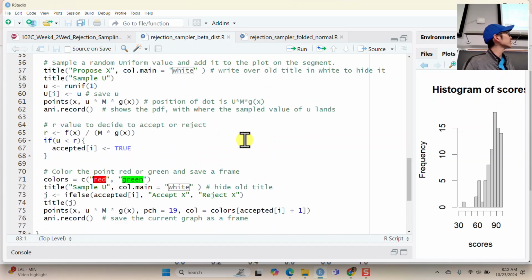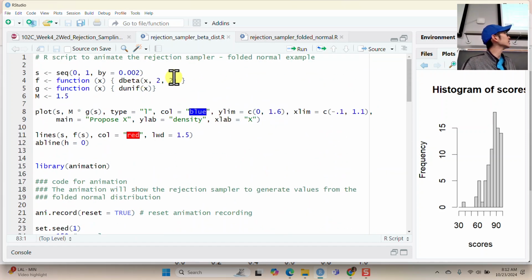Okay, so we have 2 functions. These are both PDFs. We have the PDF of F, which is going to be the PDF of the beta distribution with shape parameters 2, 2, and then the PDF of G, which is going to be the uniform distribution.